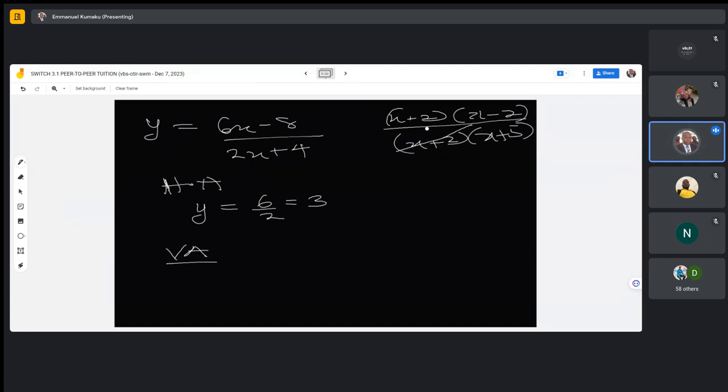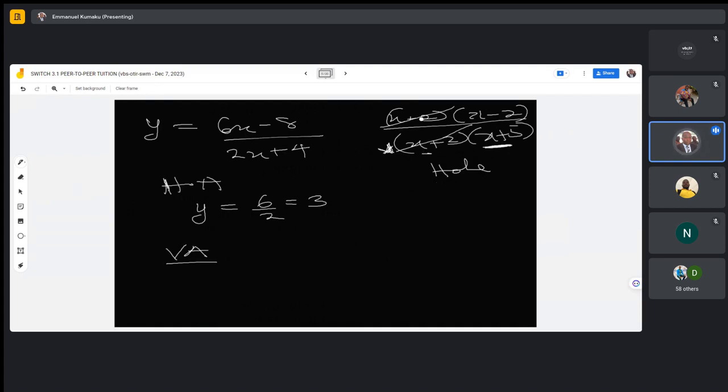You see s plus 2 and s plus 2 cancel out. So when considering the vertical asymptote, we don't consider the one that can be cancelled out. We only use the remaining portion. The one that cancelled out is called a hole.